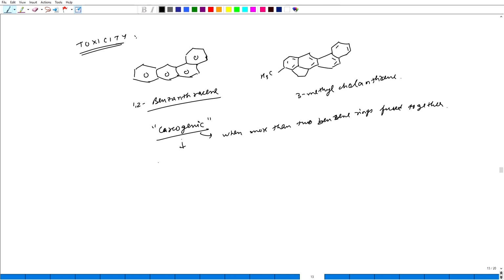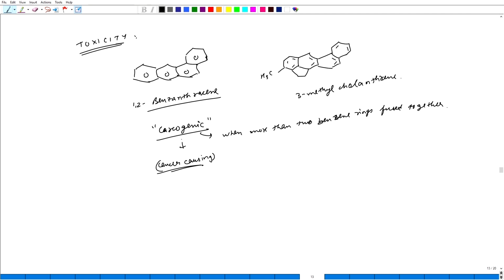Carcinogenic means cancer causing. This kind of aromatic hydrocarbon, in which more than two benzene rings are fused together, is normally carcinogenic in nature. These are toxic to our human health.